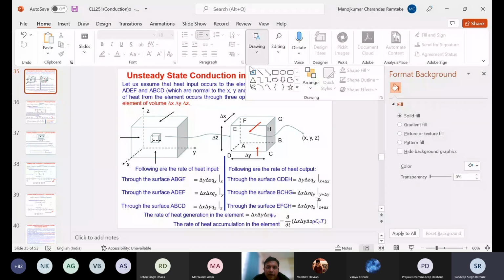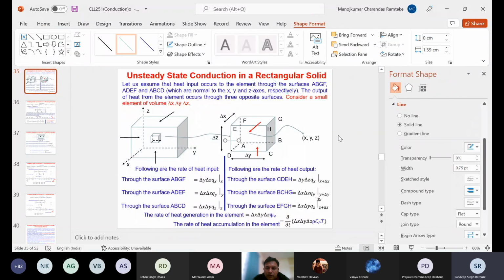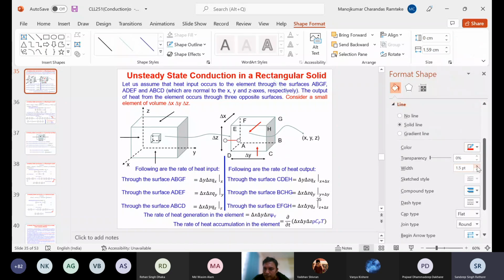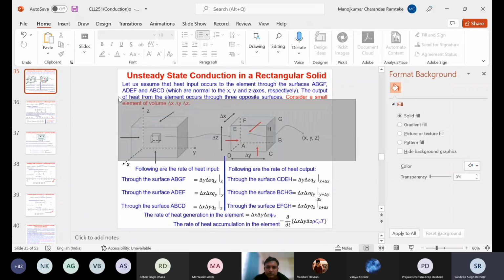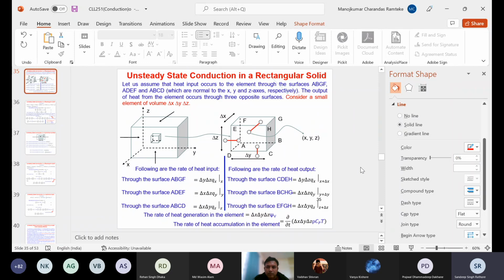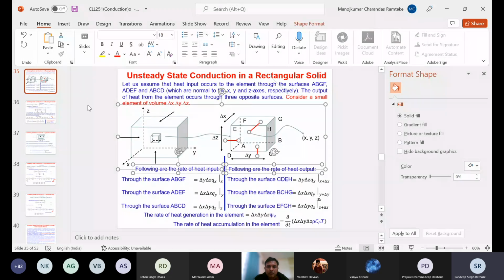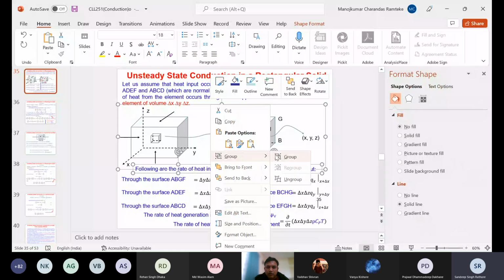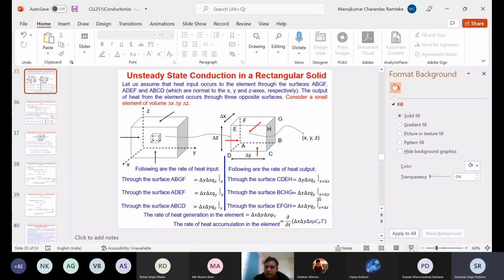And there is a heat input by this face also. So that will be, again, I am marking it by red. Okay, so can you see now?